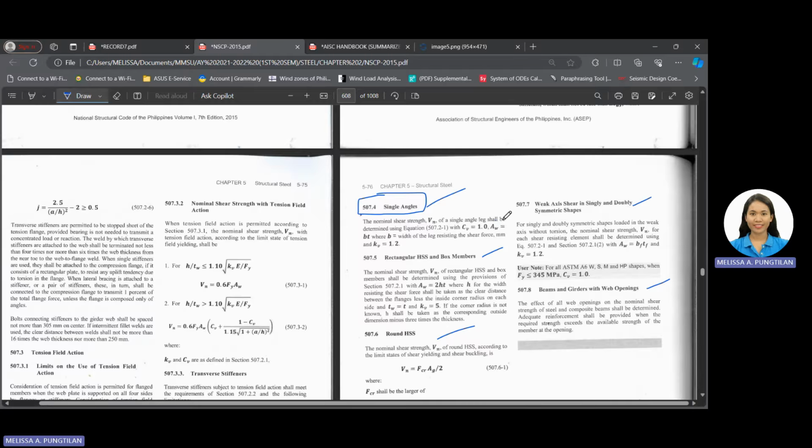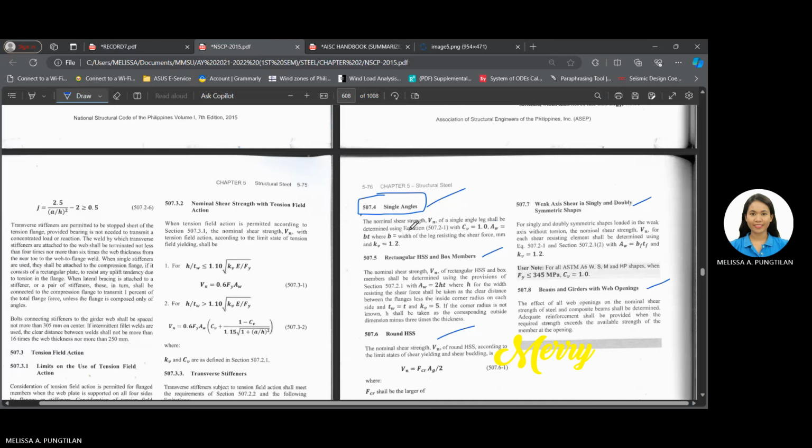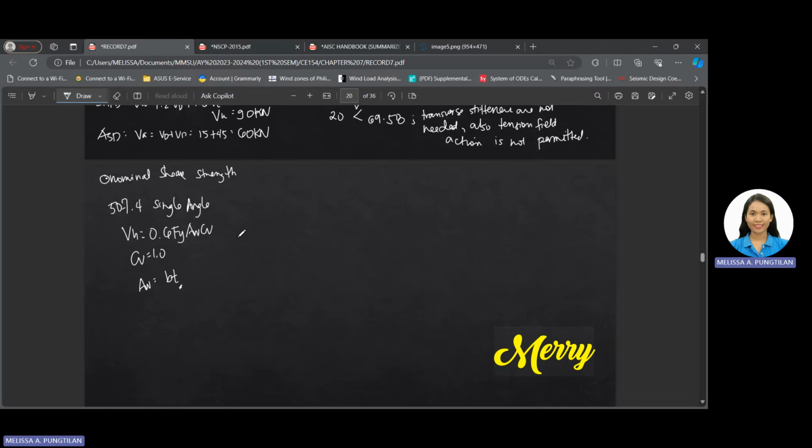Where Cv is equal to 1.0 and Aw is equal to bt, in which the Cv is equal to 1.0 and then Aw daw, or the area of the web, is equal to bt. Okay, kung mapapansin nyo, nag-iba na tayo ng formula for the area of the web, on which b is the width of the leg resisting the shear force. Width of the leg resisting the shear force. Okay, so ito yung section natin.